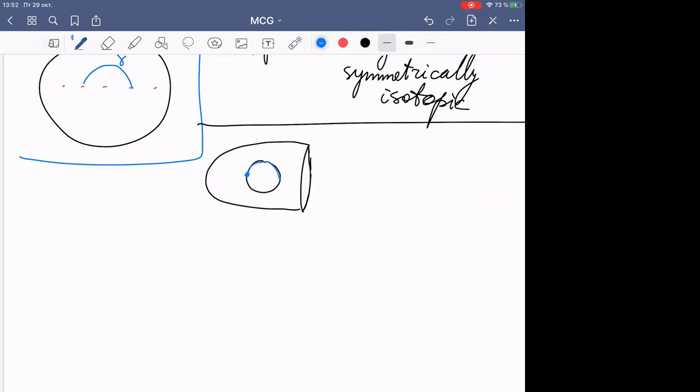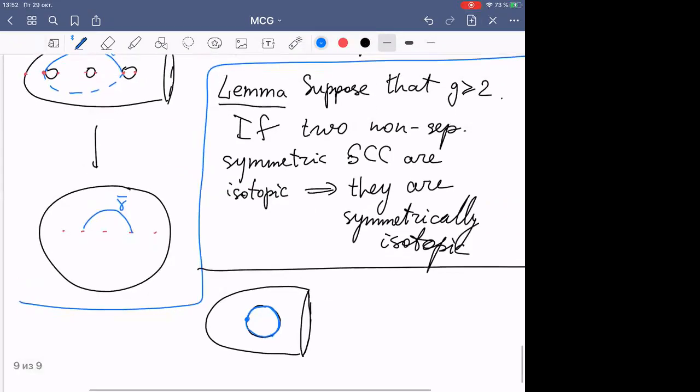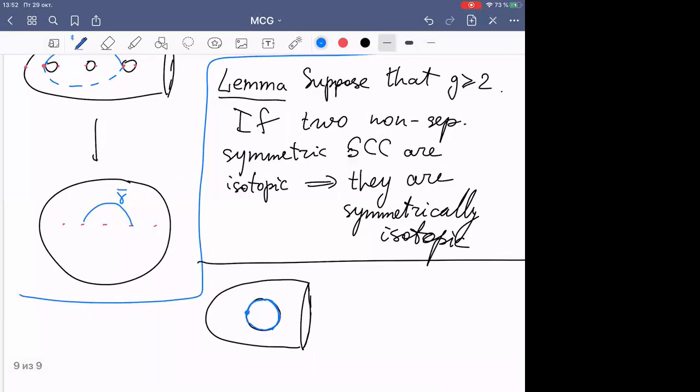This one is the first simple closed curve. Sorry. It seems that I'm not right.